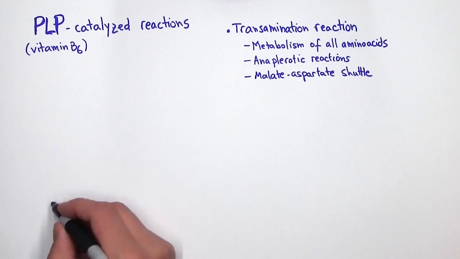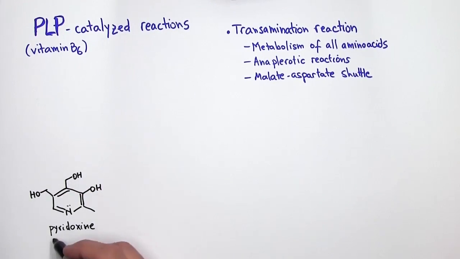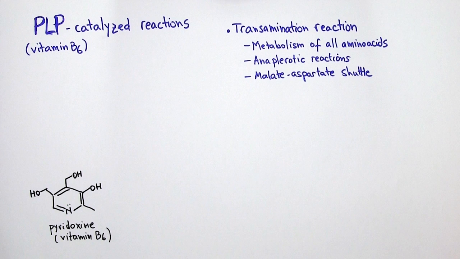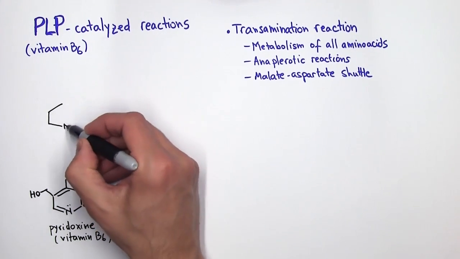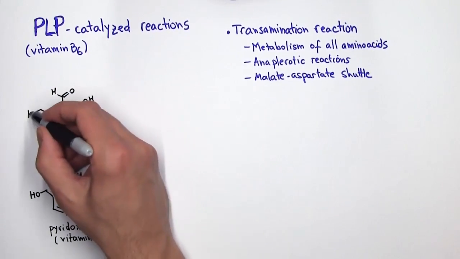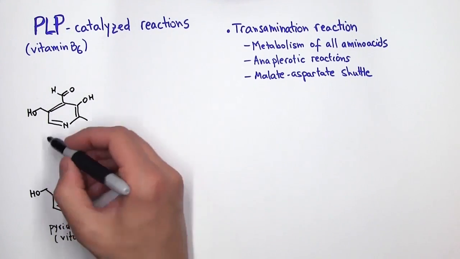Let's take a look at the structure of vitamin B6, also known as pyridoxine. This is the molecule that we ingest when we get our daily vitamin supplement. Now, in the body, this gets oxidized to form the intermediate called pyridoxal. Notice the aldehyde group here, which is going to be the business end of the molecule.